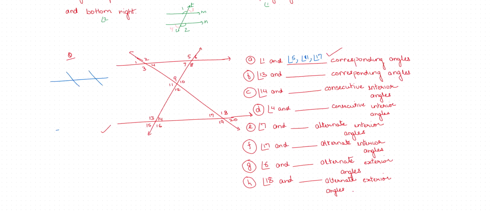Okay, so angle 1 and angle 5 are corresponding angles. We have to only see this here, because these lines are M and N, this is K and L. So here we are considering only M, L and K. So we see that 1 and 5 are corresponding.